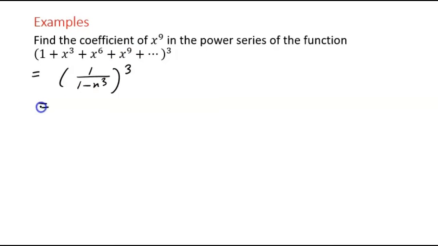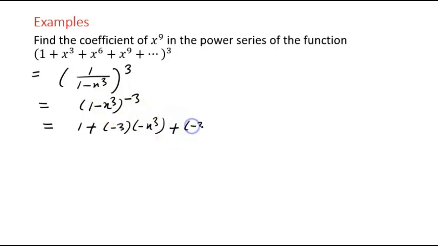And this can be written as (1 minus x cube) to the power minus 1, and this will be minus 3 if I take it in the numerator. Now using the expansion, I can write 1 plus (minus 3) into (minus x cube). I hope you remember 1 plus nx. So n here is minus 3, x here is minus x cube.